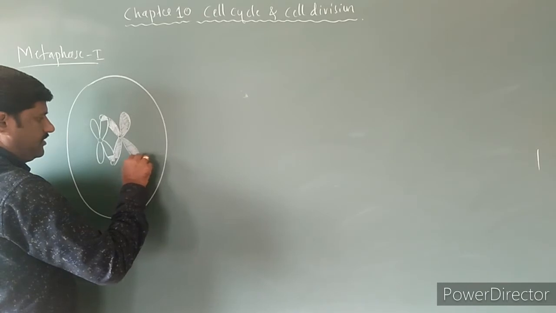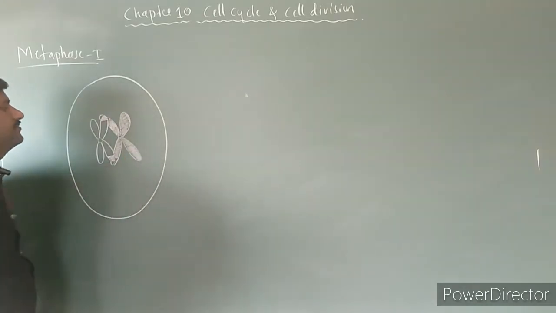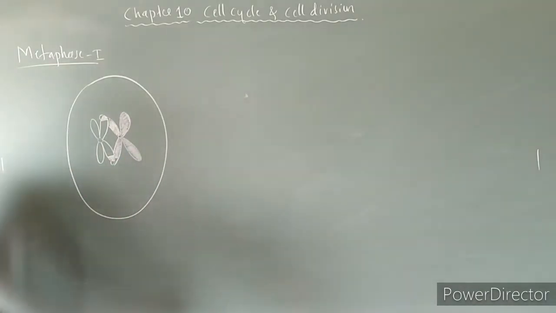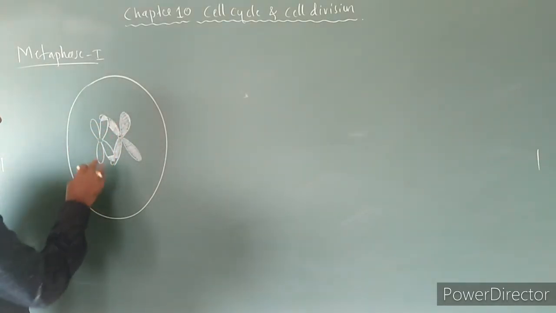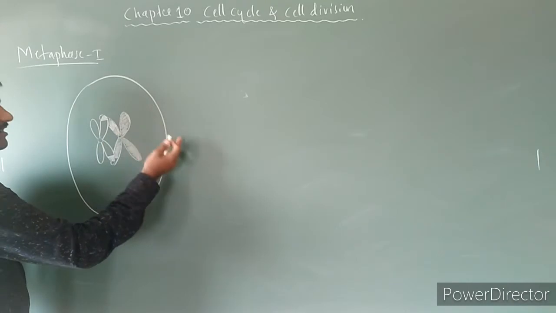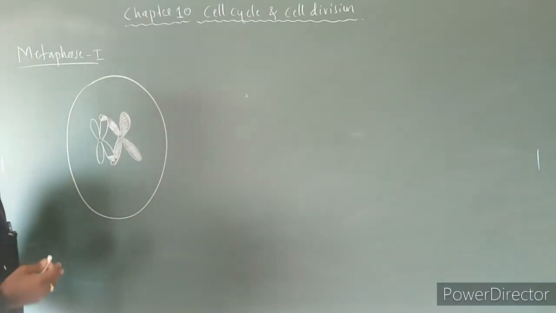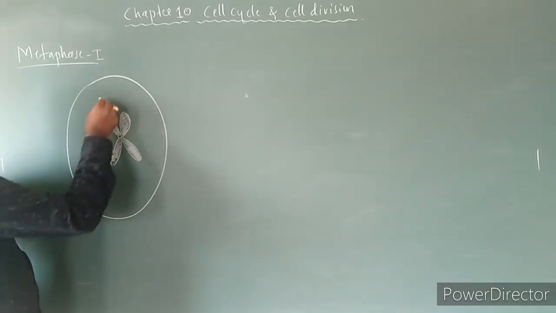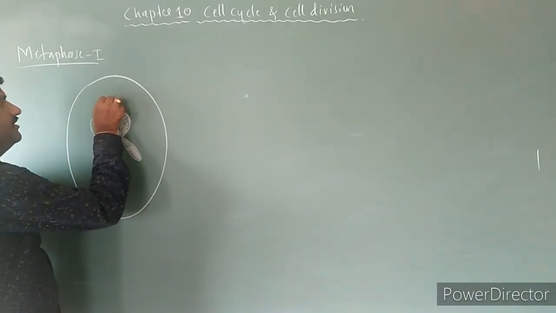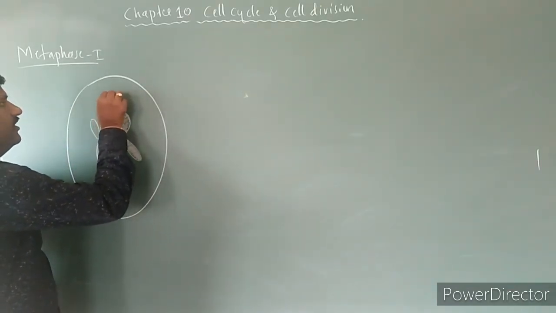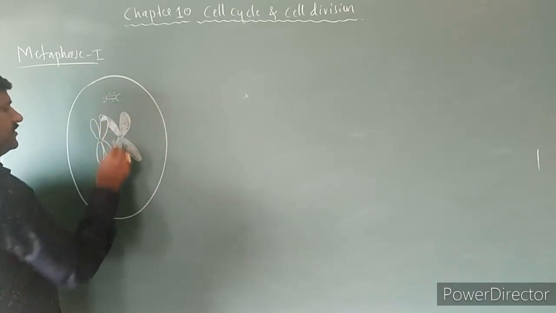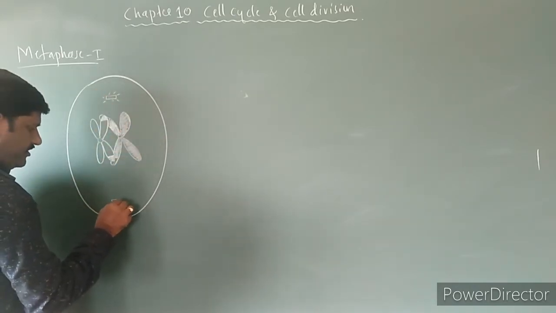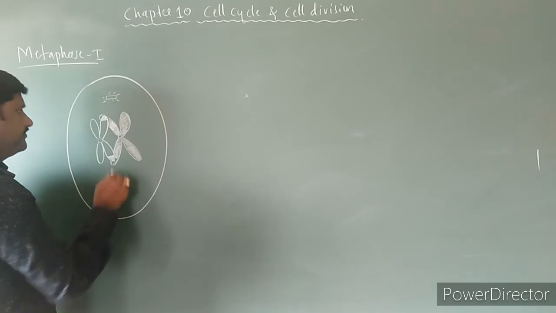So this is how the pair of homologous chromosomes, one from the paternal set and one from the maternal set, are. So in metaphase, here we come across one aster, and here also we come across one more aster.